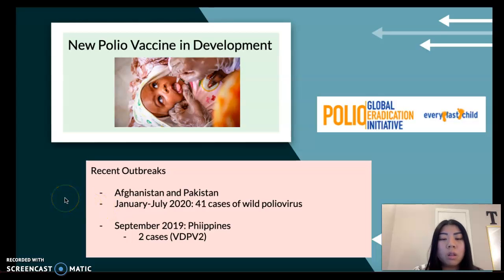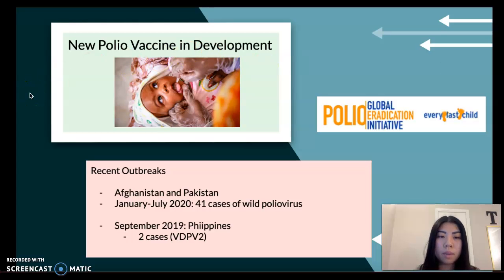Due to the number of outbreaks that are linked to the type 2 vaccine-derived poliovirus, there has been a new and improved poliovirus type 2 oral vaccine that is specifically targeting type 2 of the poliovirus. The vaccine has been in development and has recently been approved by the World Health Organization for emergency use to help contain these outbreaks and hopefully eradicate polio.